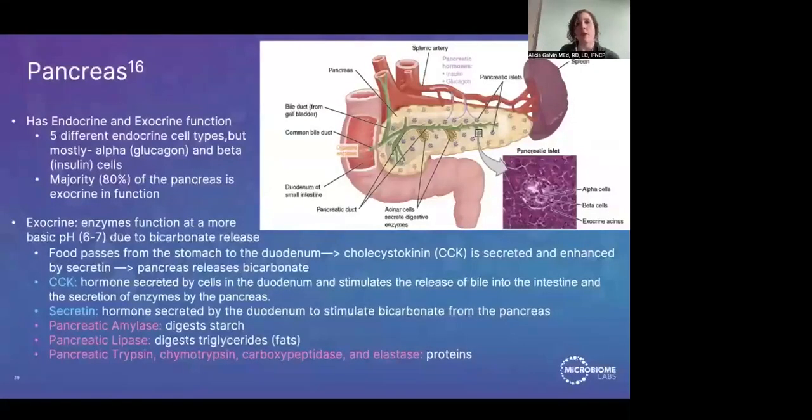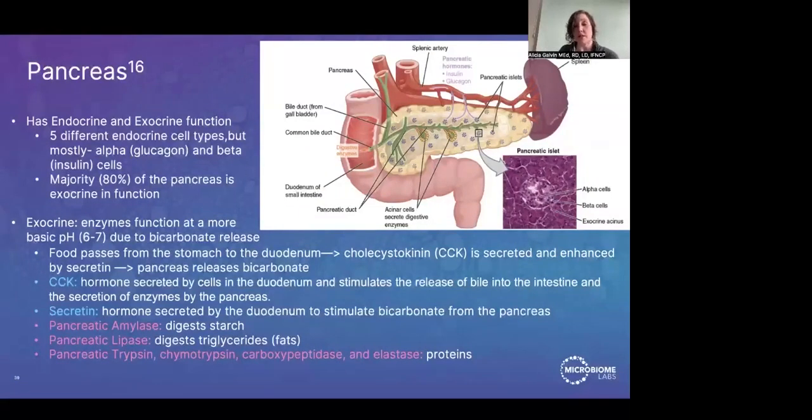Now, the pancreas, again, has both endocrine and exocrine functions. We are very much familiar with glucagon and insulin, but most of the pancreas is actually exocrine in function. So about 80% is actually exocrine. And so there are these enzymes that function at a basic pH. So remember I was saying how when we talk about our digestive system maintaining proper pH, part of that is because the various enzymes and hormones have to have a proper pH to do their job.